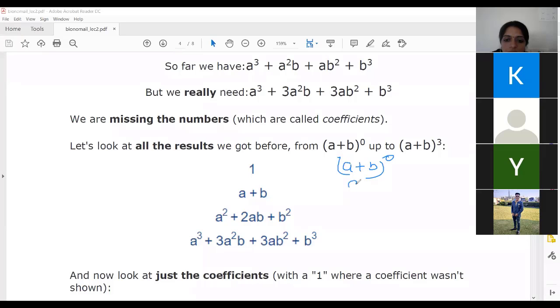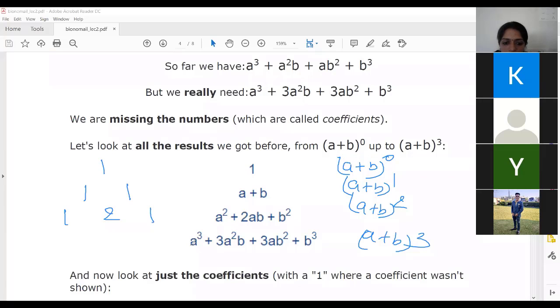This is a plus b raised to 1. This is a plus b whole square, and this is for a plus b whole cube. The coefficients of the first are 1 and 1. The coefficients of this one are 1, 2, 1. The coefficients of the last equation are 1, 3, 3, 1, and so on.